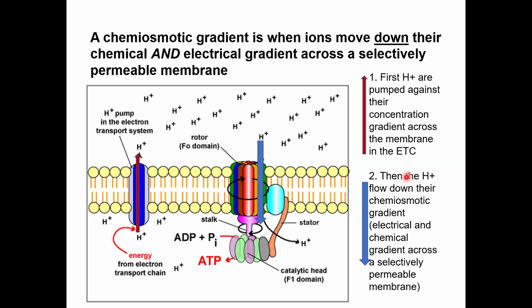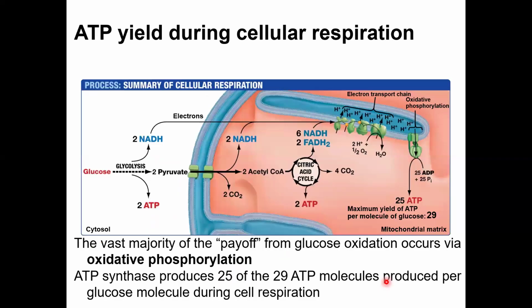Then the protons flow down their chemiosmotic gradient. So this is what a chemiosmotic gradient is. They go down their gradient electrically and chemically through that selectively permeable membrane, and at the end it gives you all the ATP that you would need to get things up and running.